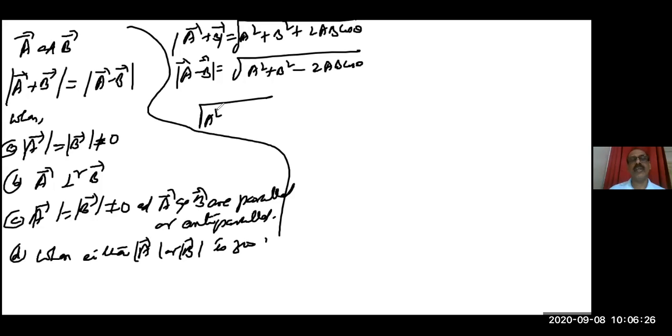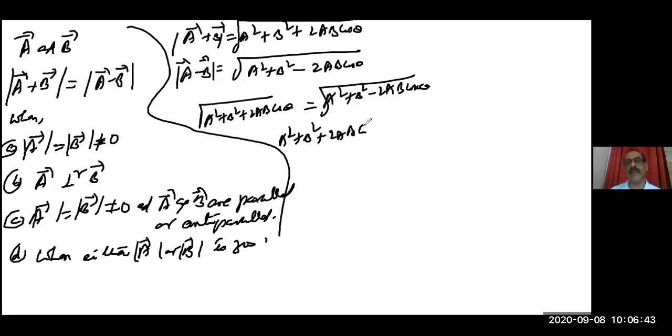Squaring on both sides, the root will go. Then remaining A squared plus B squared plus 2AB cos theta, A squared plus B squared minus 2AB cos theta. This cancels, this cancels. Now this will become 4AB cos theta is equal to 0.